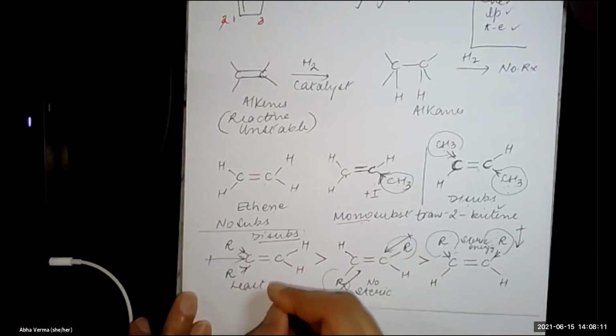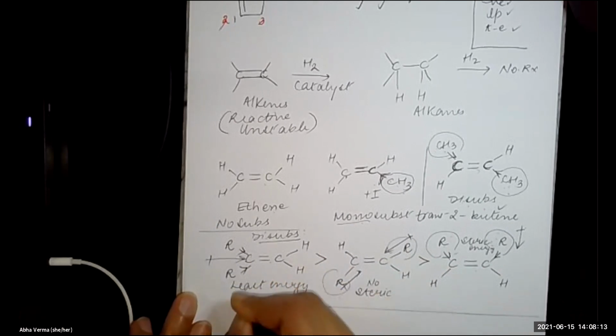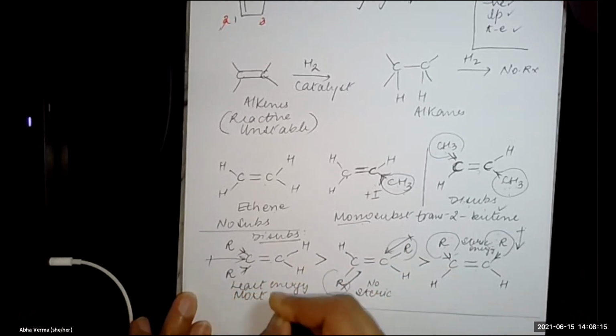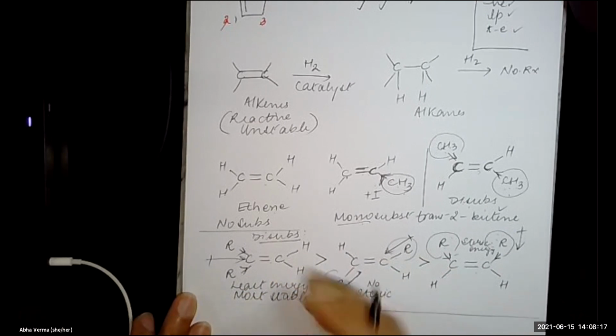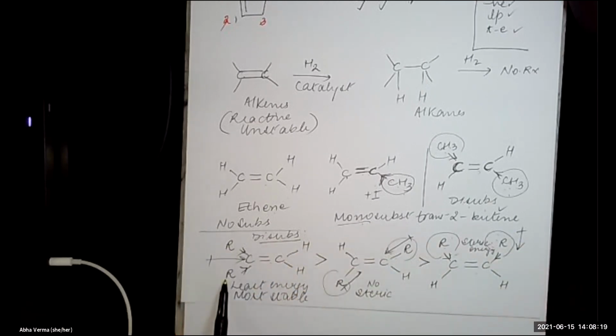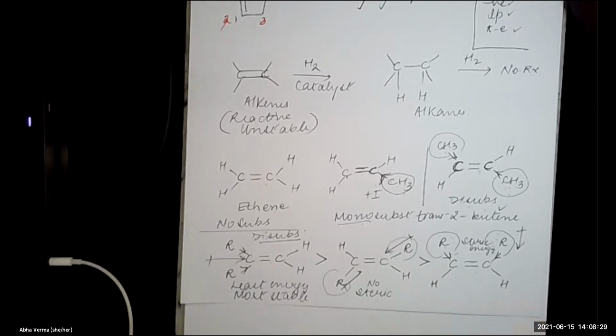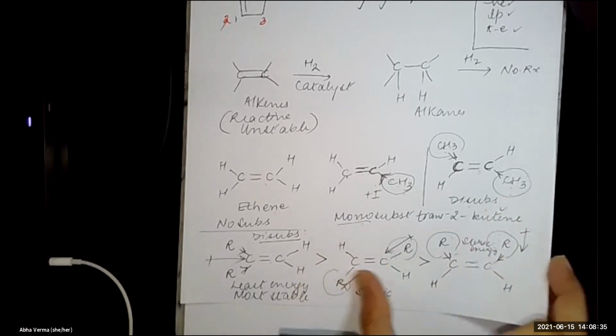Least energy, most stable in terms of di-substitution, and make sure that all the R groups are the same as well. So knowing which alkene will be a stable alkene will help you do your product estimation when we come to the elimination mechanism reactions.